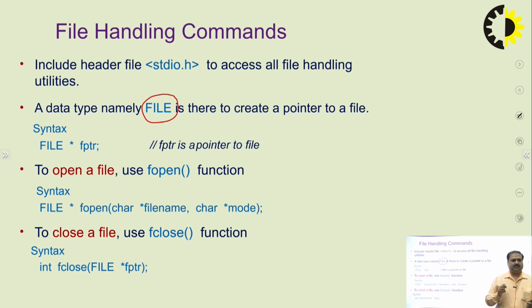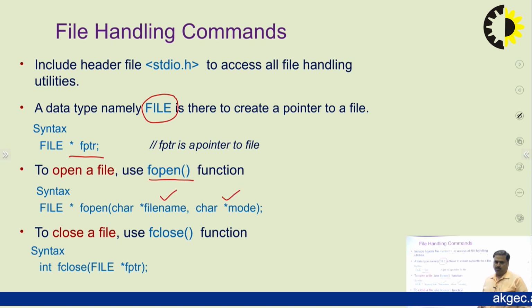For this FILE type, we will create a pointer. This kind of pointer is capable of pointing to a file, a secondary storage file. To open a file, there is a function called fopen. The fopen function takes two arguments. One is the file name and another is the mode.